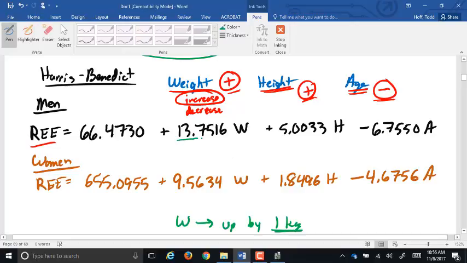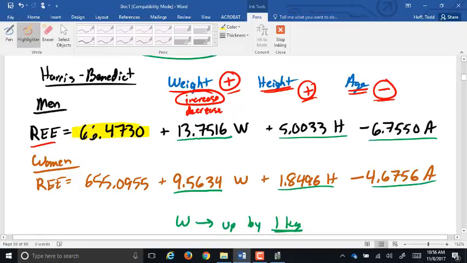For males, it's 13 times the weight. For females, it's only 9 times the weight. So 1 kilogram change only has a change of 9 for women and 13 something for men. If you look at the height and the age, there's a similar relationship.